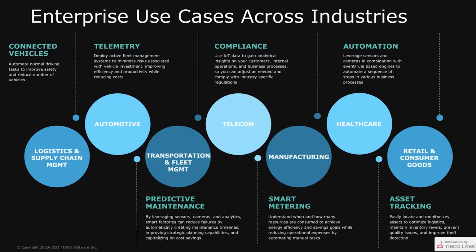Once you start interacting with the real world, there's some data there that you're not capturing if you don't have an Internet of Things architecture. So for instance, let's say you have connected vehicles as part of your business, like vans going around delivering things. How you automate that driving and improve safety is one of the quick questions that you have to answer.